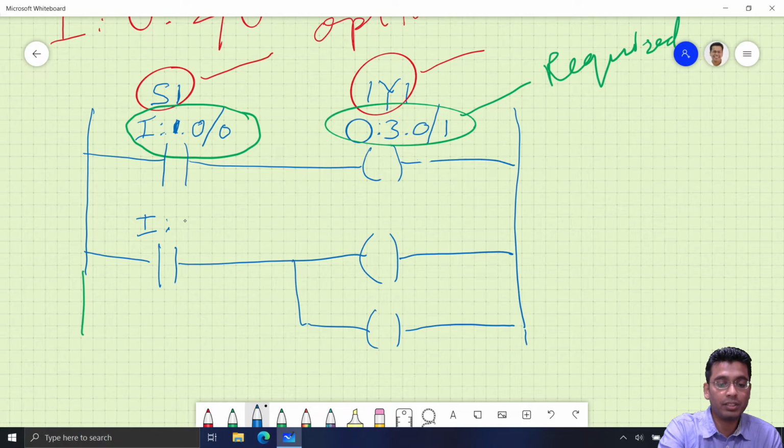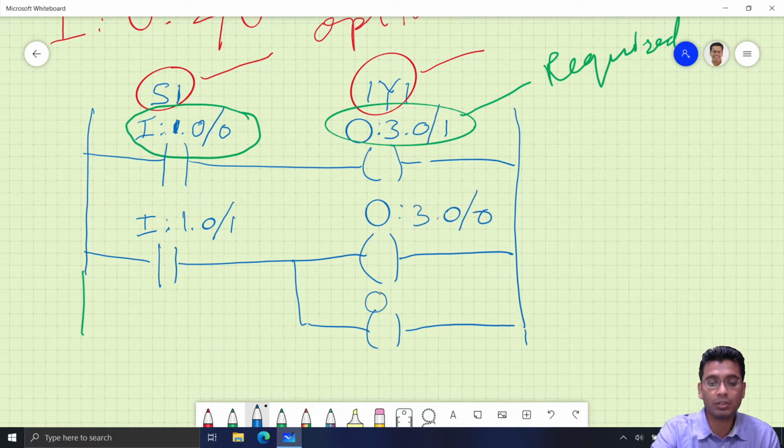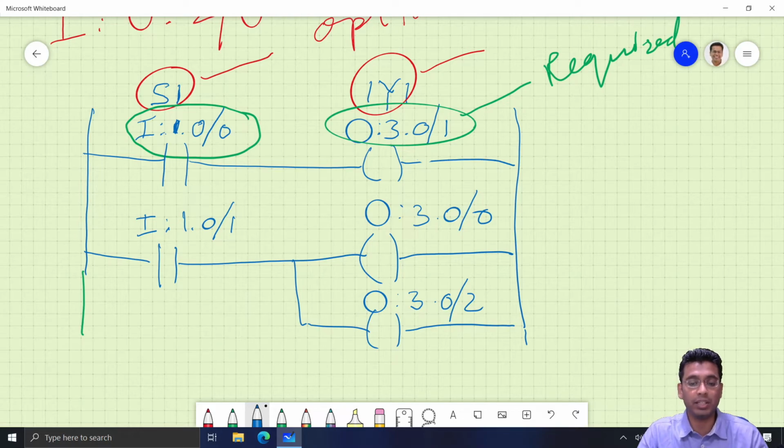Whenever the roller valve is energized, then my output elements should both get energized simultaneously. Fine. So this is your rung.